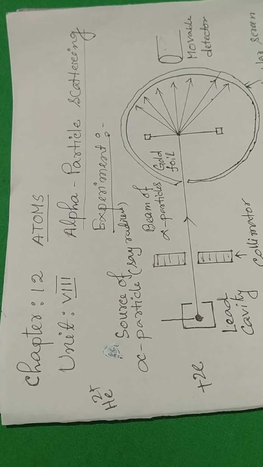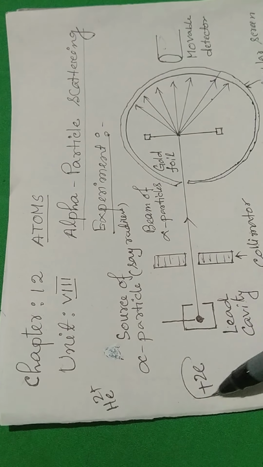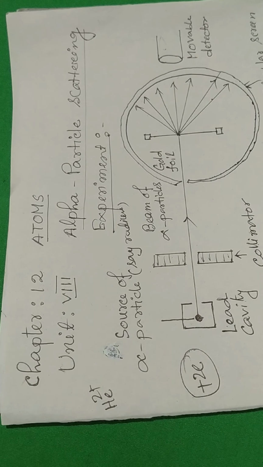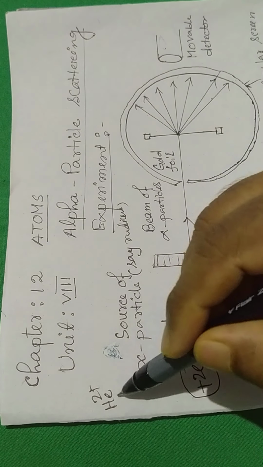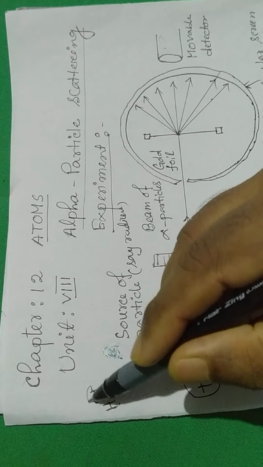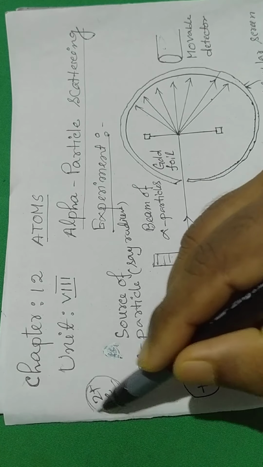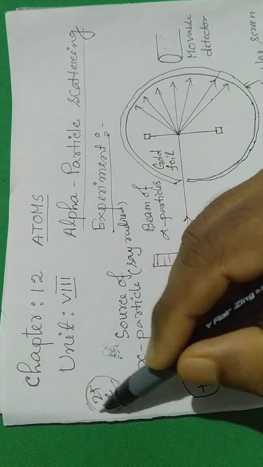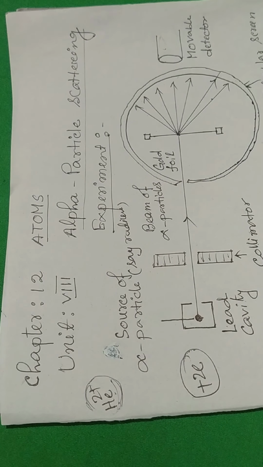Thus, its charge is plus 2e, and its mass is nearly 4 times the mass of a proton. The alpha particle is denoted by He2+. This is the representation of alpha particles.